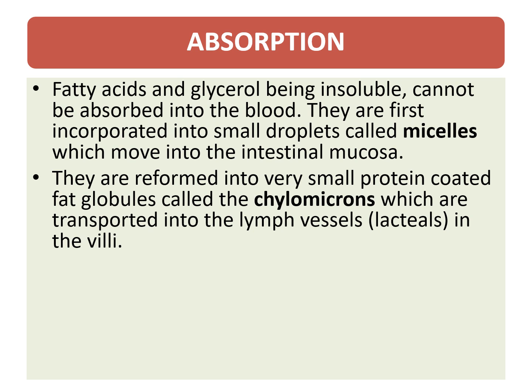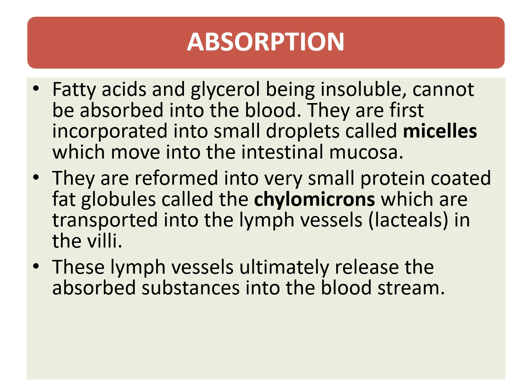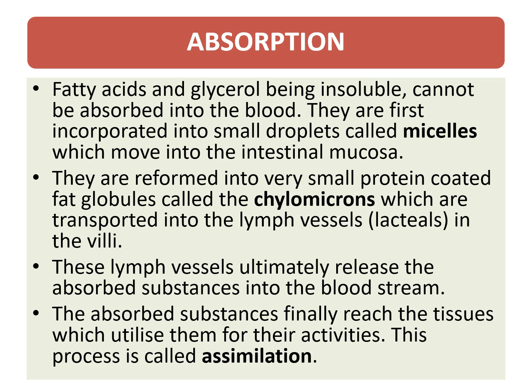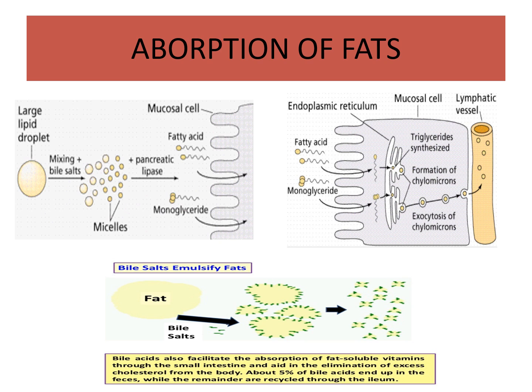They are reformed into very small protein-coated fat globules called chylomicrons, which are transported into the lymph vessels, that is lacteals, in the villi. These lymph vessels ultimately release the absorbed substances into the bloodstream. The absorbed substances finally reach the tissue where they are utilized in various activities. This process is known as assimilation.